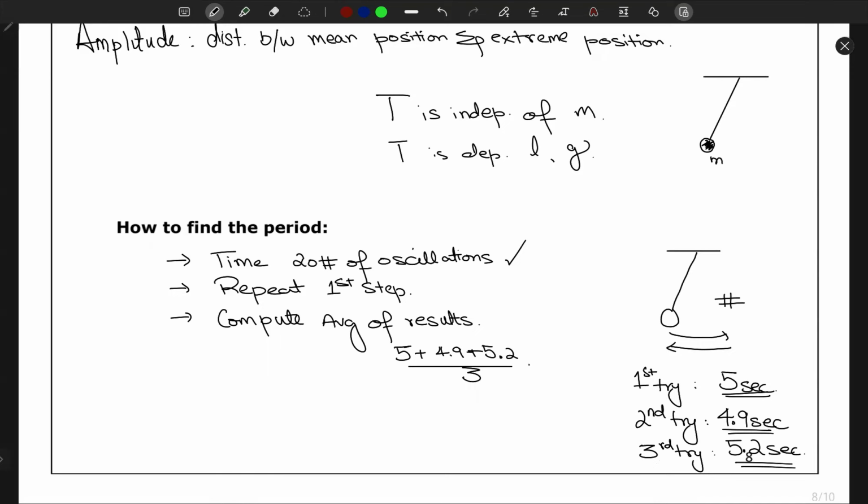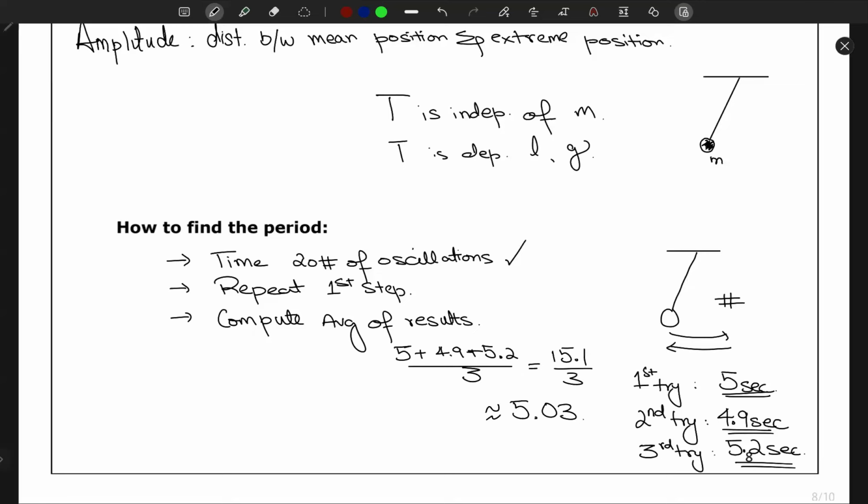And whatever the answer that you get, does anyone have a calculator with them? And can tell me, it's 5 plus 4.9 plus 5.2, which is, I guess, 15.1 divided by 3. So this would be approximately equal to 5, well, really 5.0 something, right? 5.03.